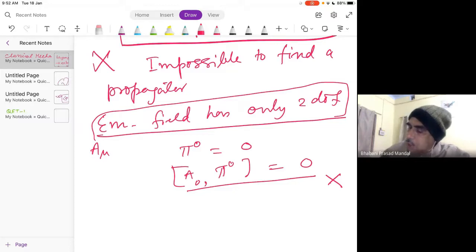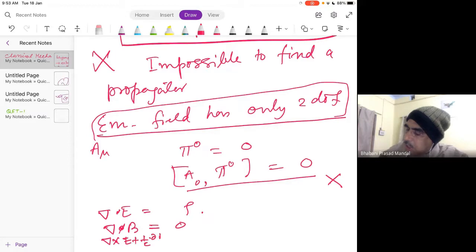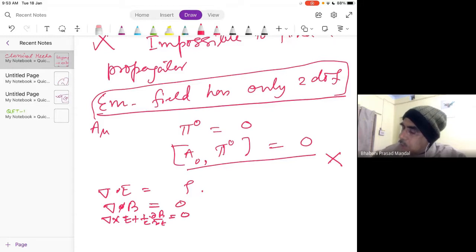Remember the Maxwell equations: divergence of E is related to rho. Divergence of B is 0. Curl of E plus 1 over c del B del t is also 0, and there is one more equation, curl of B is related to J and del E del t.